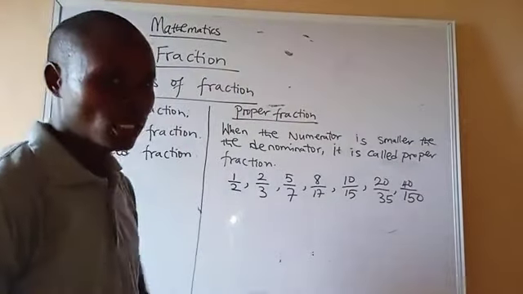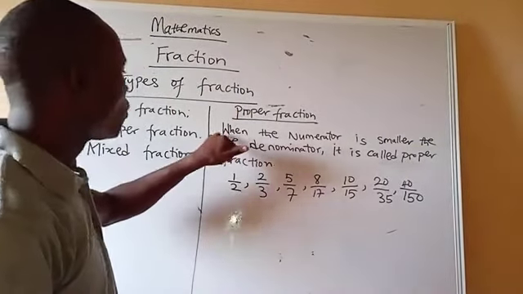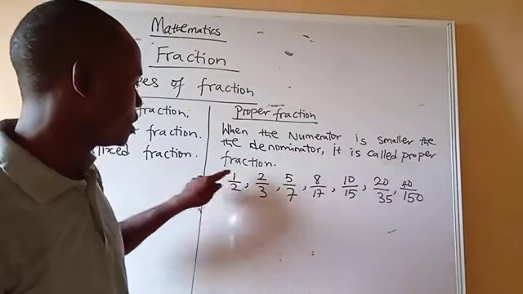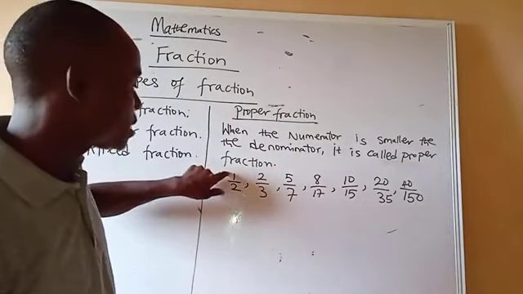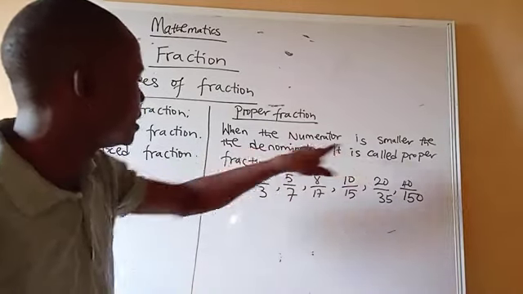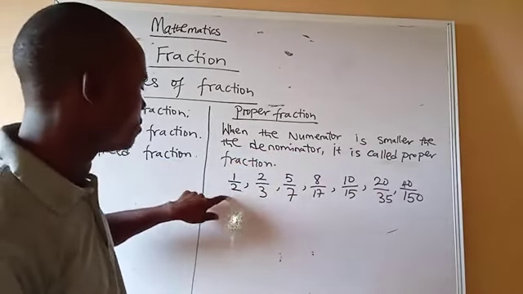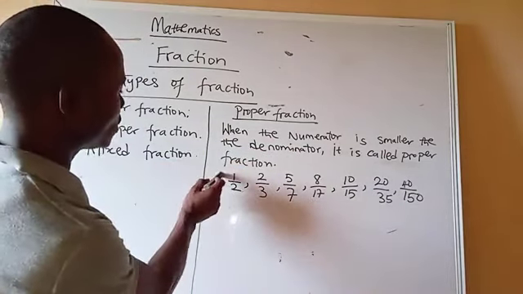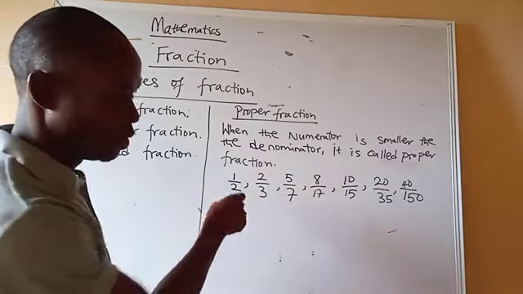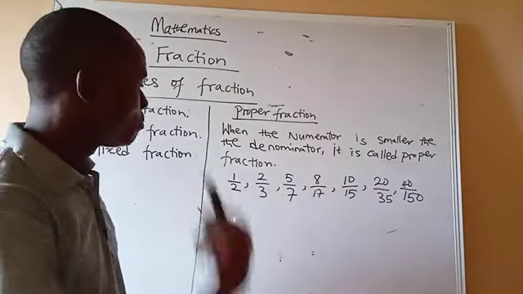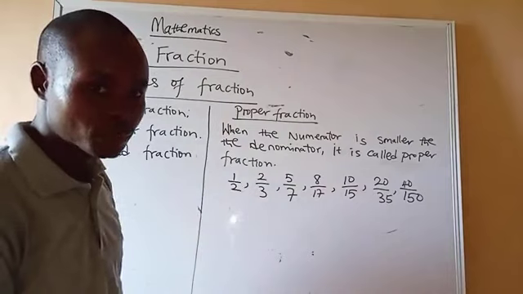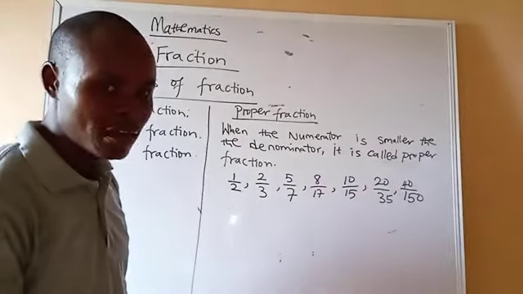Do you understand? Look at it critically. When the numerator, which is the number at the top, is smaller than the denominator, numerator, denominator, when this number at the top is smaller than the number below, it is called proper fraction. Do you understand? Proper fraction.